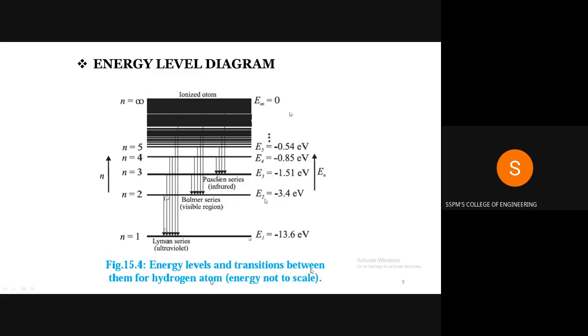It emits radiation, and due to that radiation we get these spectral lines. When the transition of an atom takes place from higher orbits corresponding to n equals 2, 3, 4, 5, up to n equals infinity, down to the ground state, then we get the Lyman series.